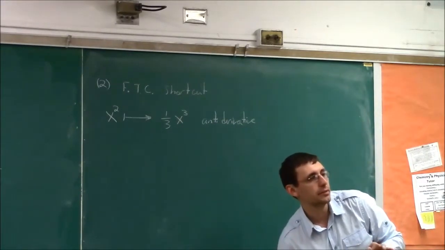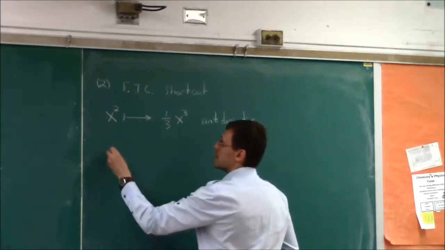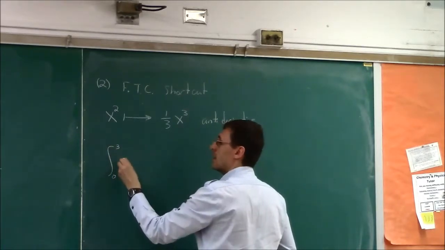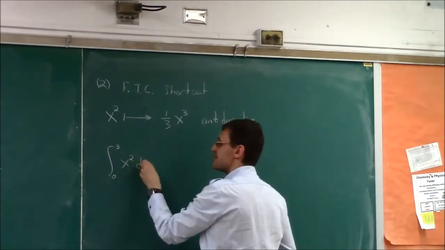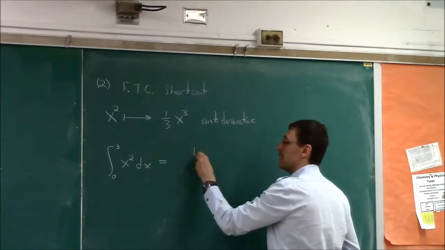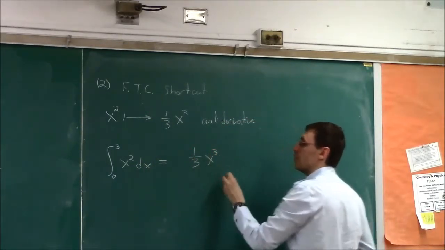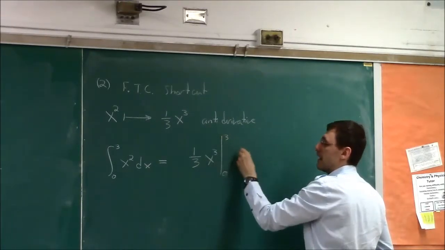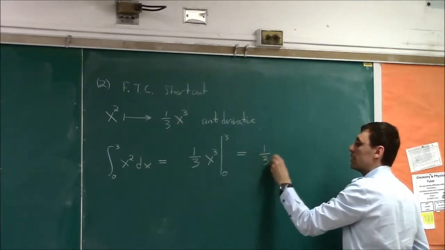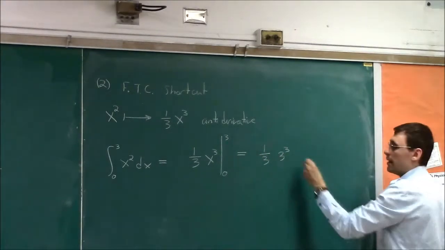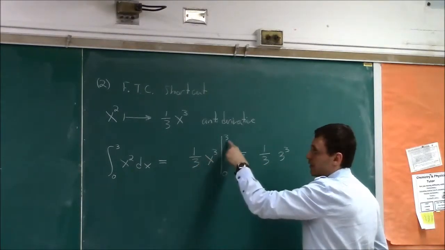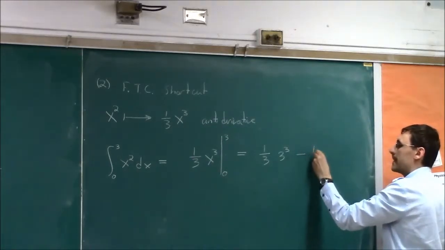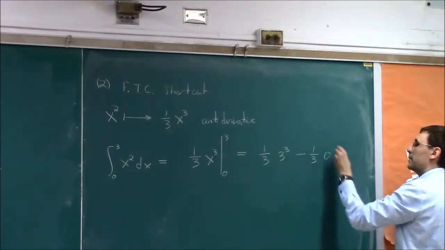Then what you observe is that the integral from 0 to 3 of x squared dx is simply 1/3 x cubed, drawing a line from 0 to 3. What this means is it is just 1/3 times 3 cubed. So you take this expression, evaluate it at the top number, minus the same expression evaluated at the bottom number.